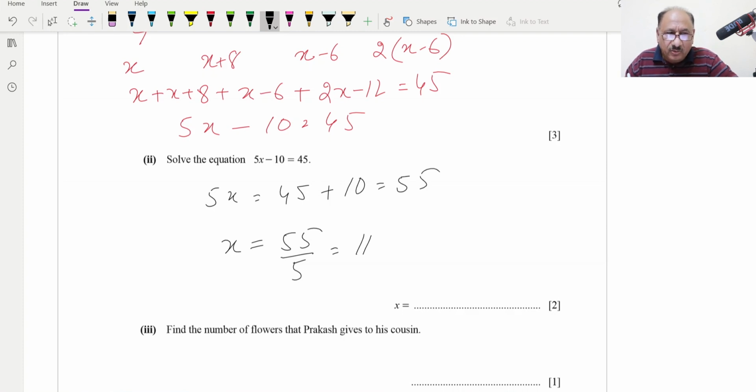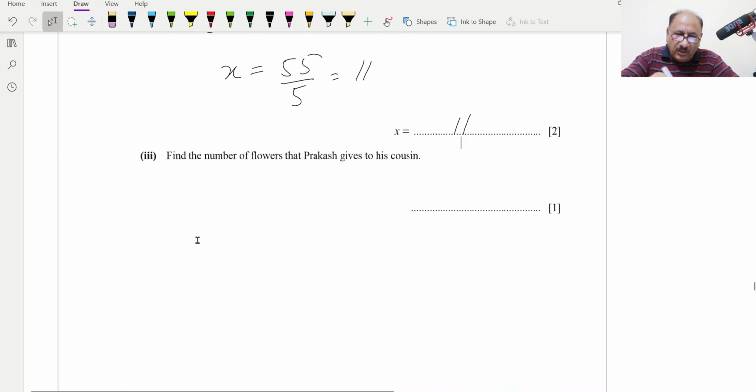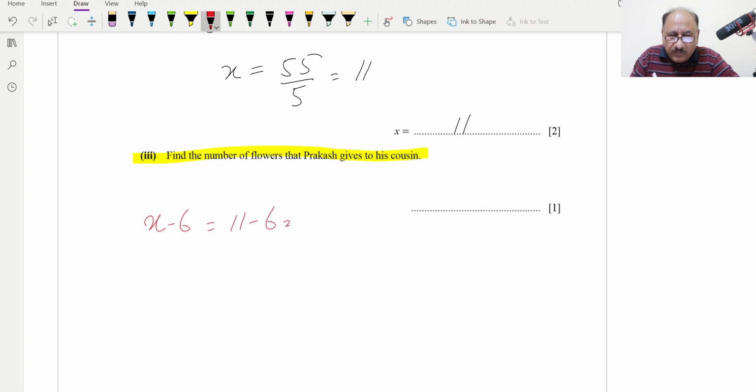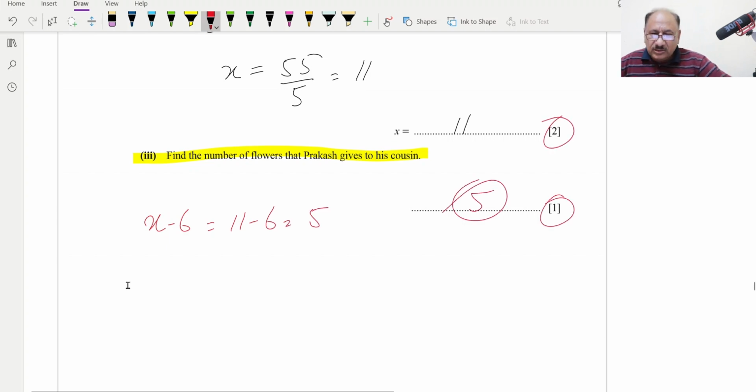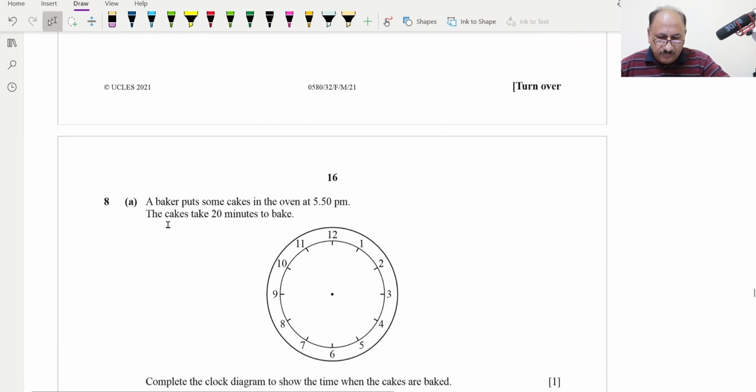So x value is equal to 11. Now they are saying find the number of flowers that Prakash gives to his cousin. So he has given x minus 6 to his cousin, so it will be 11 minus 6, which is equal to 5. So 5 flowers will be given to cousin. So 1 and 2 mark parts, we are done with these two.